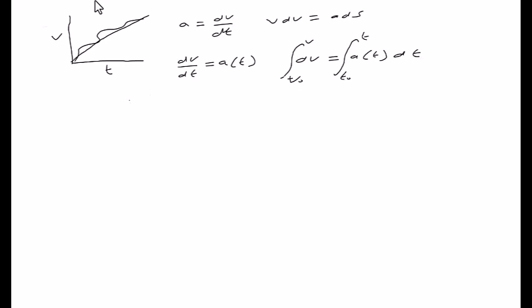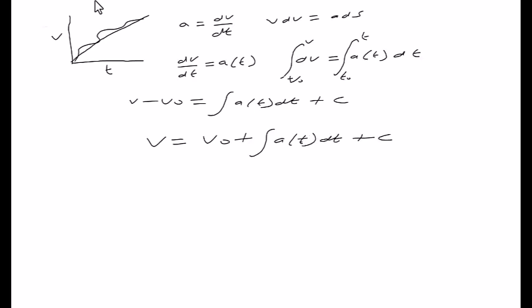So we essentially got here v minus v0 equals the integral of a of t dt, and we could just put a plus c here if we leave off the limits, or to put it another way, v is equal to v0 plus the integral of a of t dt plus c. And so that's how we would calculate problems, but we'd need to know the exact form of how the acceleration is varying with respect to time, and that would just be substituted into this equation.